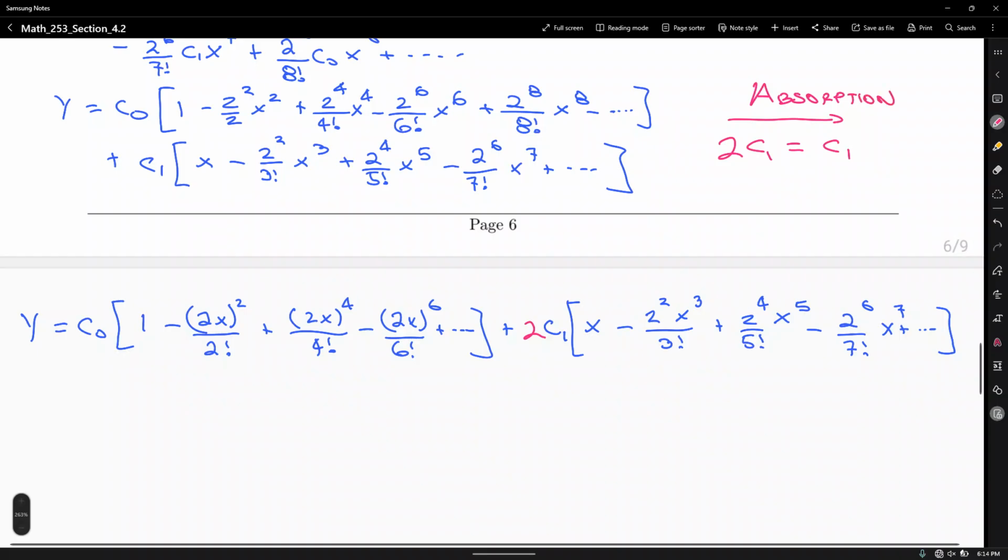But what about the other way around? What's the opposite of absorption? Maybe rejection or generation, maybe? What word would you like for this?